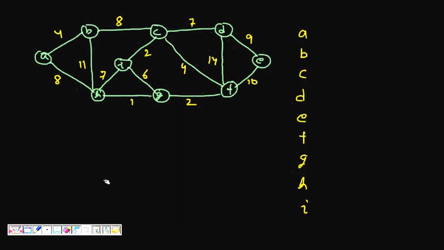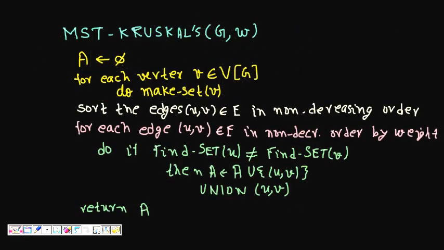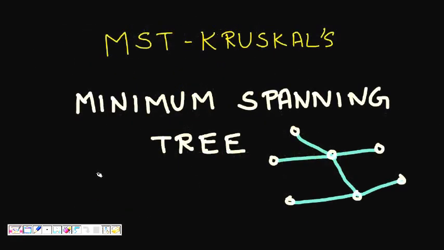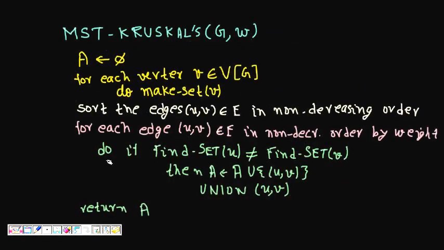So here we will look at an algorithm known as Kruskal's algorithm. Let's see what it does. The main idea with Kruskal's algorithm is that this is a greedy algorithm, which always chooses the best thing that is available to it.